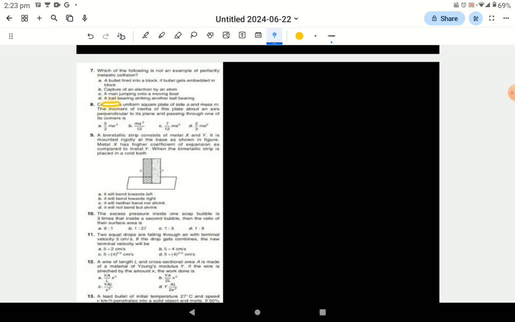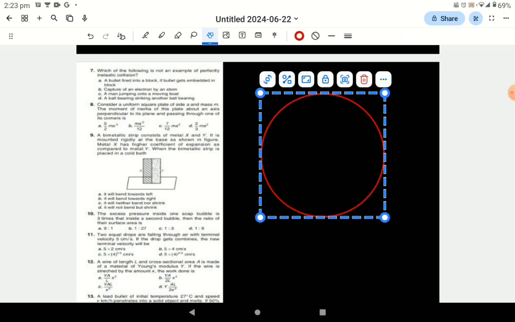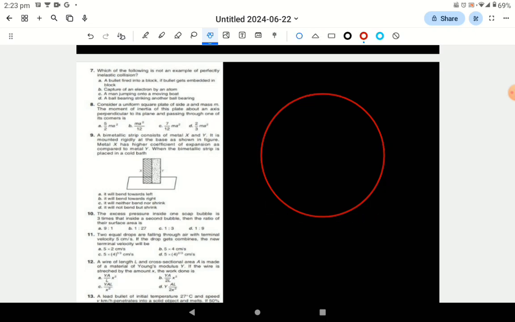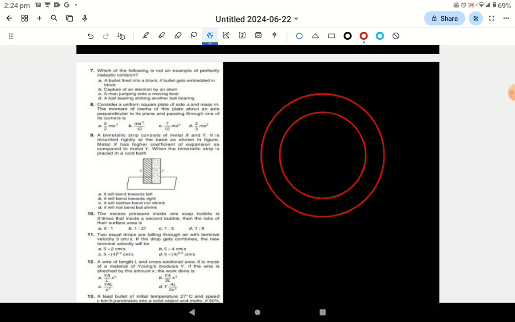But the ball bearing striking another ball bearing, as we can see, is like this, and we have small ball bearings here. If one ball bearing hits another, this one stops and this one will move forward and hit the third one.